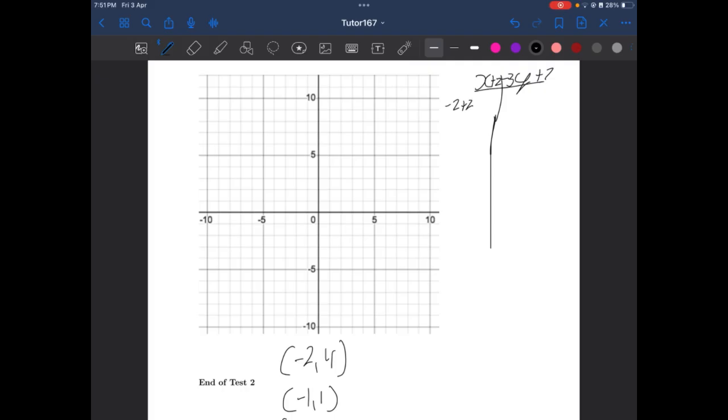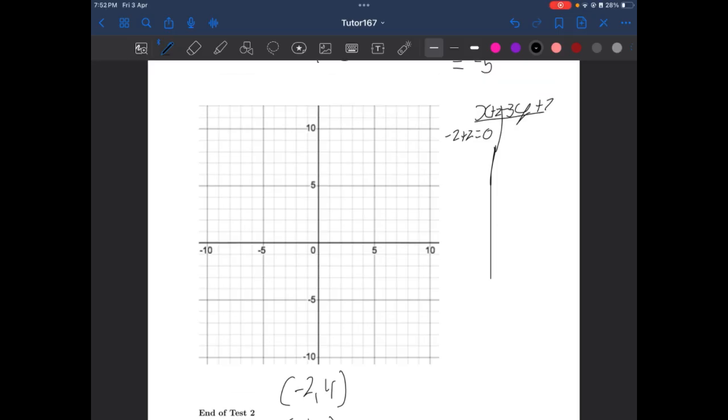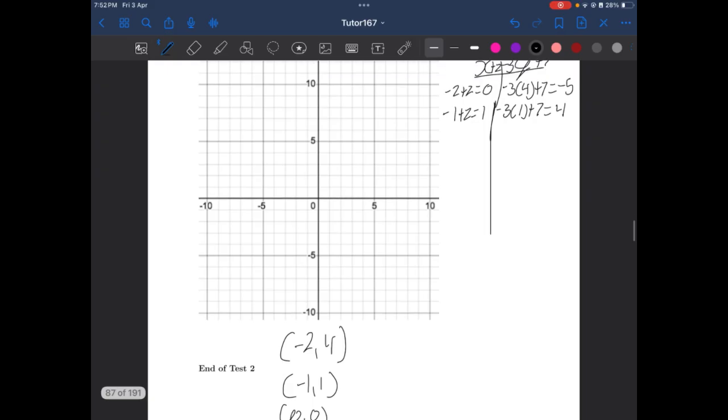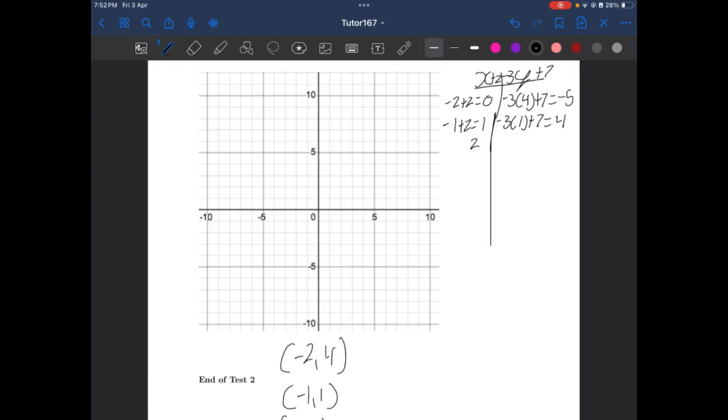So negative 2 plus 2, that's 0. And then that's negative 3 times 4 plus 7. So that's negative 12 plus 7, which is negative 5. Next one, that'll be negative 1 plus 2, that's just 1. Then negative 3 times 1 plus 7, that would be 4. Next one is 0 plus 2, that would just be 2. Then negative 3 times 0, which is 0, and then plus 7, so that would just be 7.